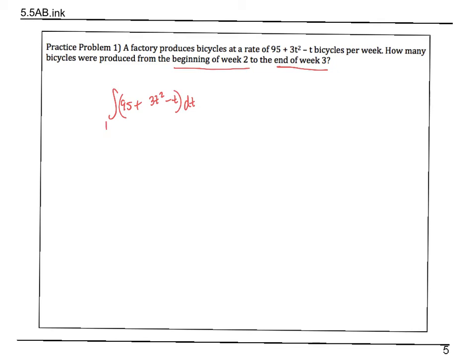End of week 3, so we need to end at 3. That will also include all of week 3. So calculator or by hand, 95t plus t cubed minus 1/2 t squared, and that will end up with 212 bicycles.